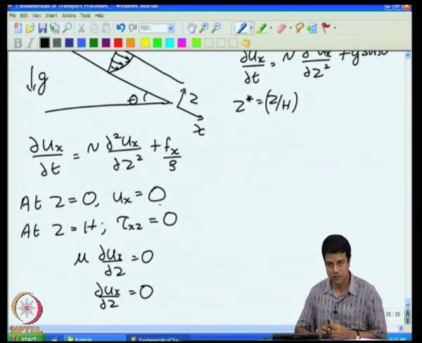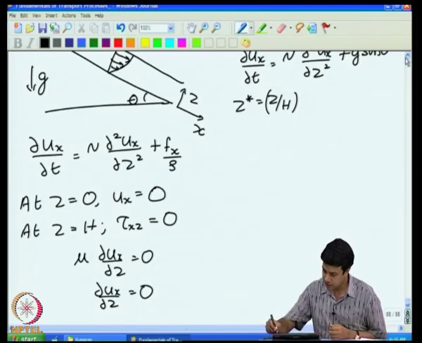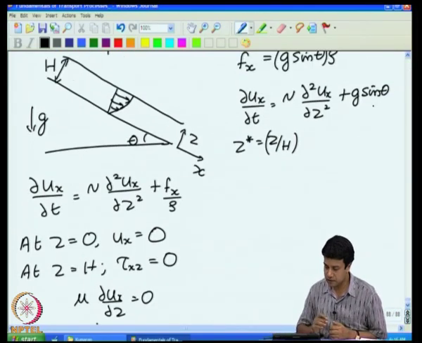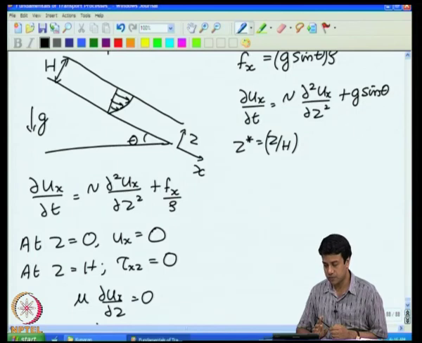Ux is equal to 0 on one surface and the derivative is 0 on the other surface. So, there is no velocity scale emerging from the boundaries. However, there is a velocity scale that emerges from the fact that there is a body force acting on the fluid. So, what I can do is divide throughout by g sine theta and use that to scale the velocity.